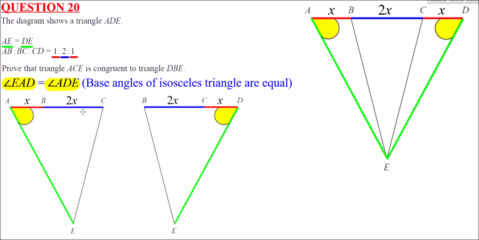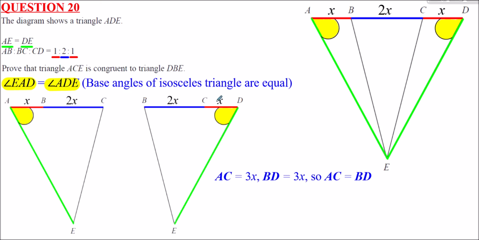And so looking at ACE, we can see here that obviously the angles are the same, like we've said, and as well as that, from A to C is x plus 2x, which is 3x, and from B to D is 2x plus x, which is also 3x. Therefore, if AC is 3x and BD is 3x, AC is the same as BD.